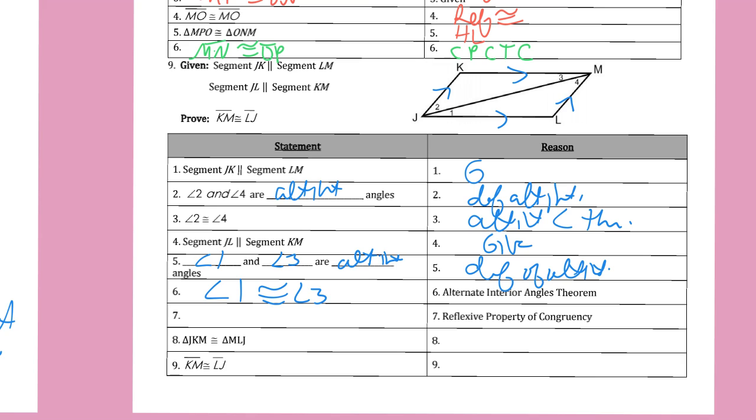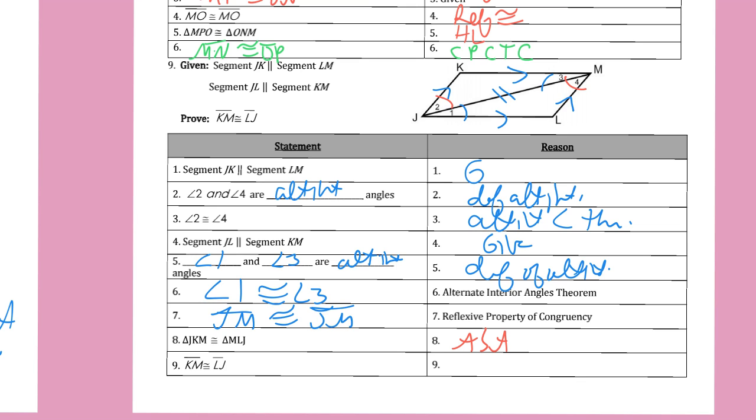And then because of the reflexive property, we can call JM congruent to itself. What do we know? We have two angles that match. We have two other angles that match. And then we have a side, so angle, side, angle. So they're congruent by angle, side, angle.